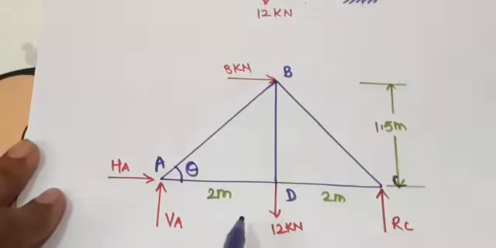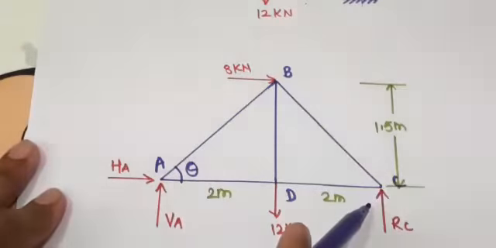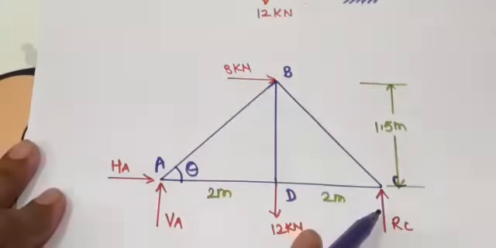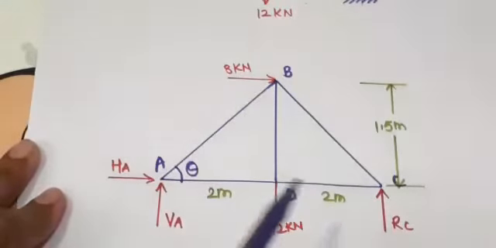Now the first step is that we have to draw the FBD of the entire truss like this. See this figure, this is the FBD of the entire truss. At A there is a hinge support which is converted into two support reactions HA and VA. At C there is a roller support which is converted into one reaction RC perpendicular to the support.